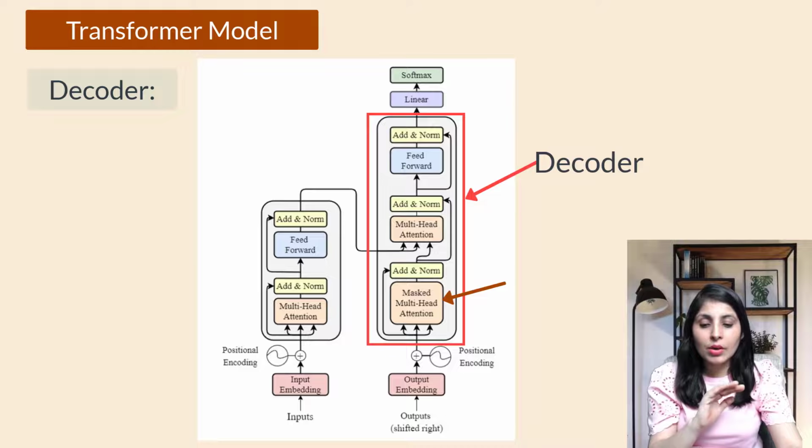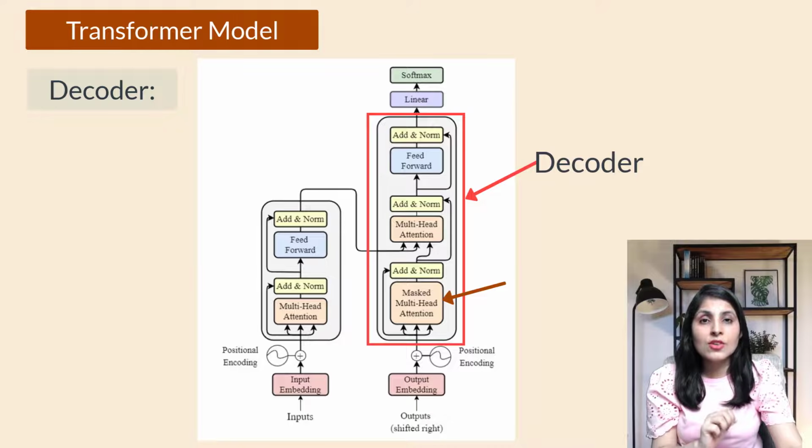Okay, it is just preventing it from peeking into the future. Okay, so why are we doing this? Because by doing this, the model generates the output sequence one word at a time, considering only the information available up to that point.